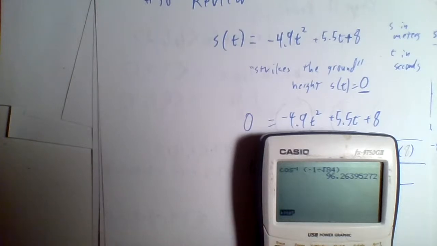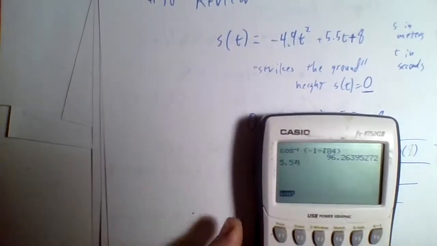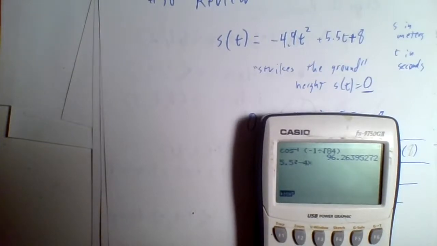I don't want to do too many calculations at once, but I think I can do what's inside here all together. 5.5 squared minus 4 times negative 4.9 times positive 8.